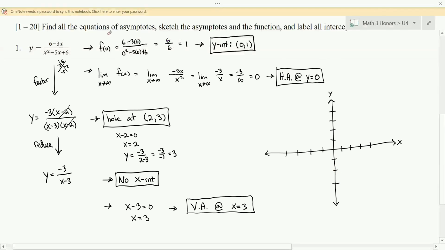I'm going to put a point there. We have a hole at 2, 3. So I'm going to go to 2, 3. Make it big enough so I can tell that it's a hole and not a point, okay?